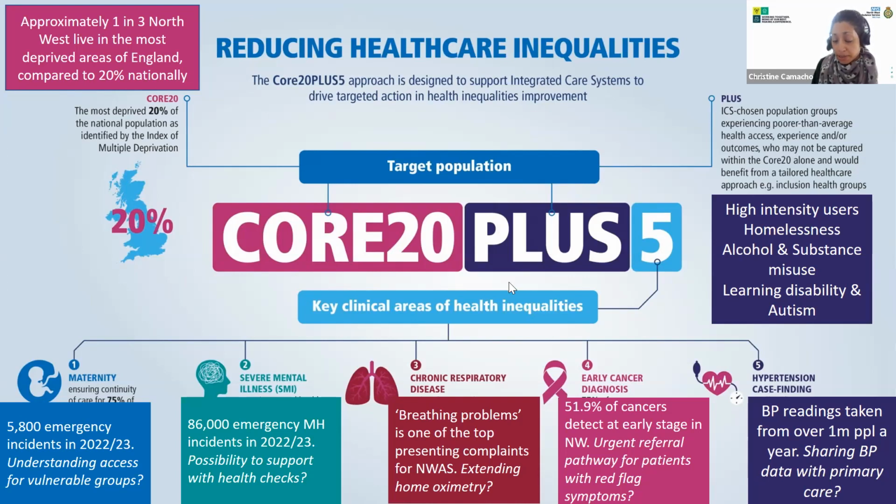We talked about mental illness before, thinking about could we do something to support those health checks for people with severe mental illness. We'll probably already be taking a blood pressure reading, for example. What else could we do around that cohort? Under chronic respiratory disease, is there anything we could do to perhaps extend home oximetry that started to be rolled out as part of COVID to people with other breathing difficulties, etc.